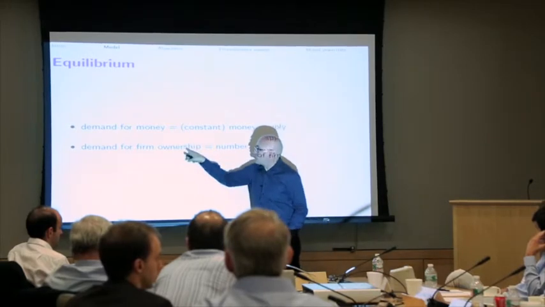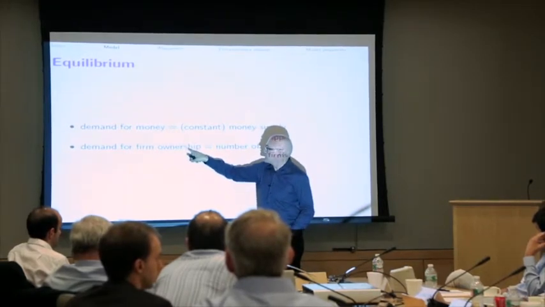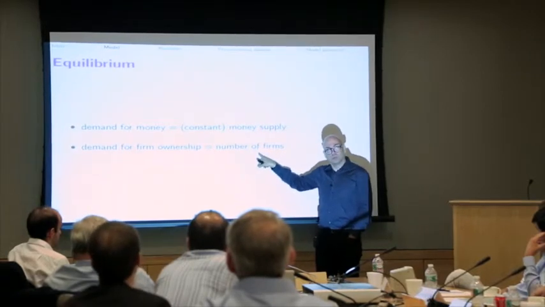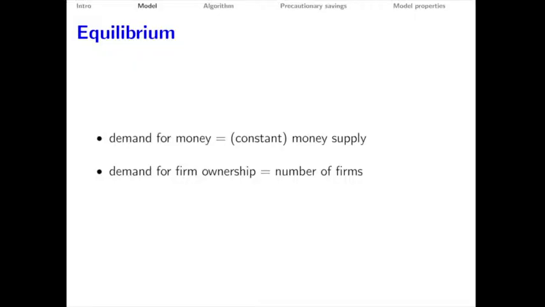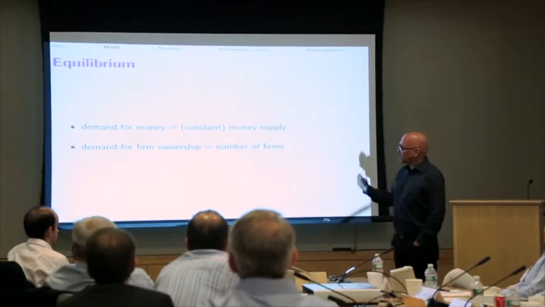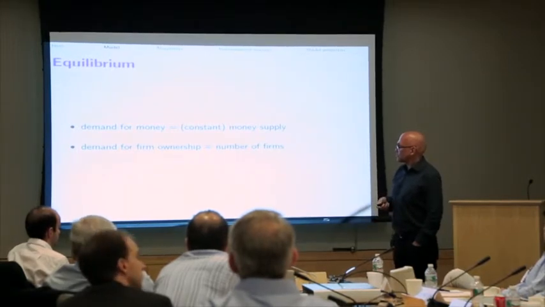But the demand for firm ownership, the number of equity shares these guys ask for in equilibrium, has got to be equal to the number of firms. And this is determined by the free entry condition. Right, so this part is the exact same thing as the standard matching model. But this we have because we have incomplete markets and guys trying to insure themselves.